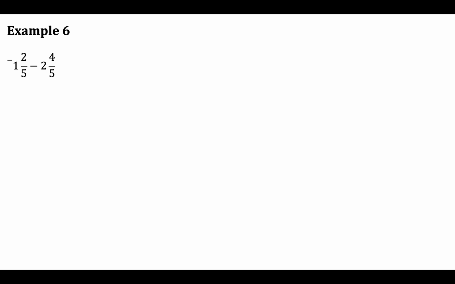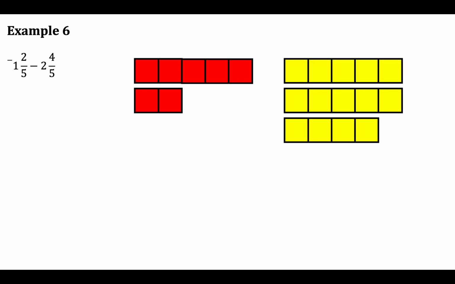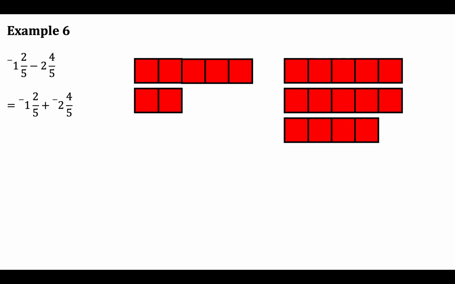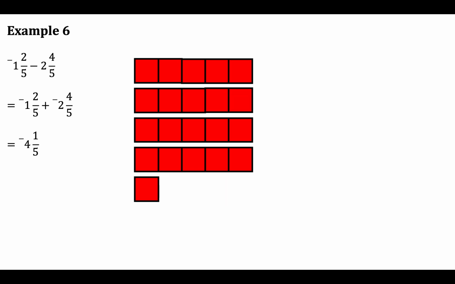Example 6. Negative 1 2/5 minus 2 4/5. So here's our negative 1 2/5, and we're subtracting positive 2 4/5. But we know when we're subtracting that we're adding the additive inverse, which gives us negative 2 4/5. Putting these diagrams together, you can see that we've got negative 4 1/5.